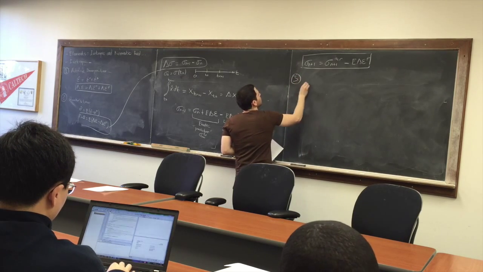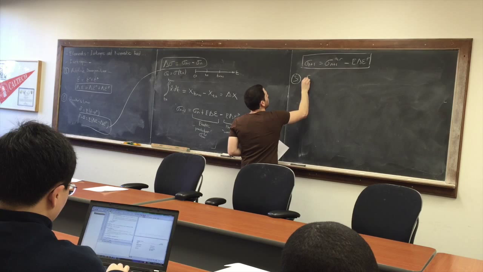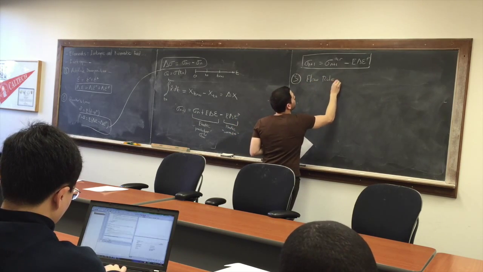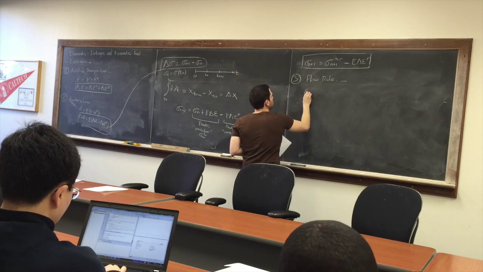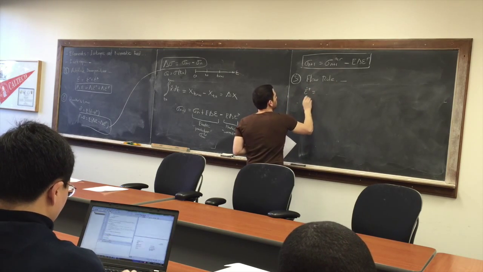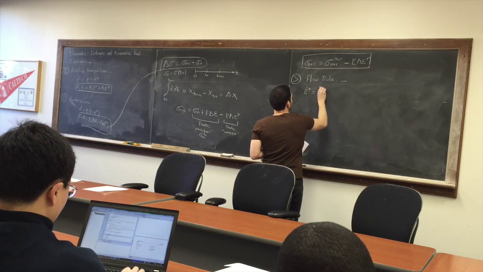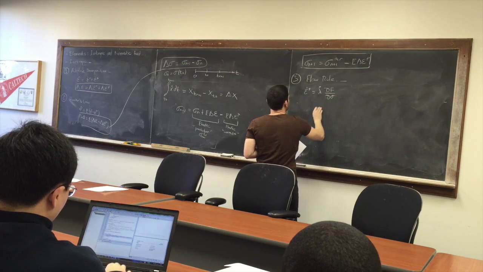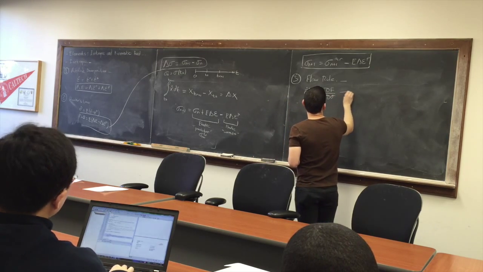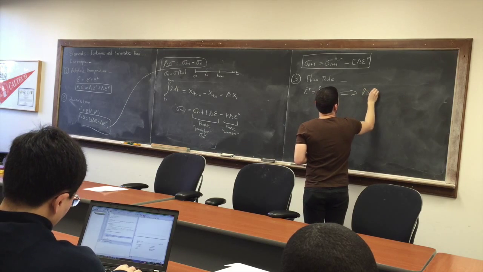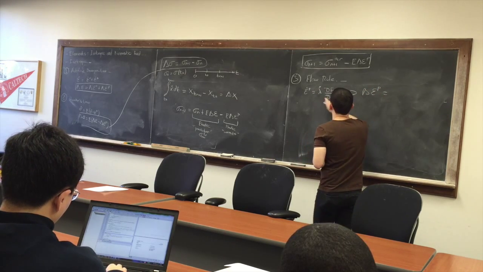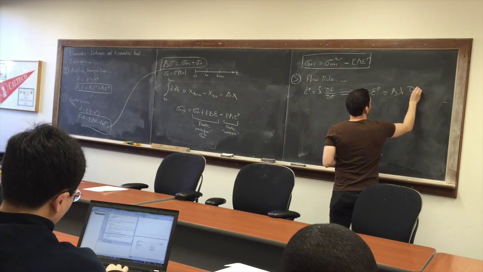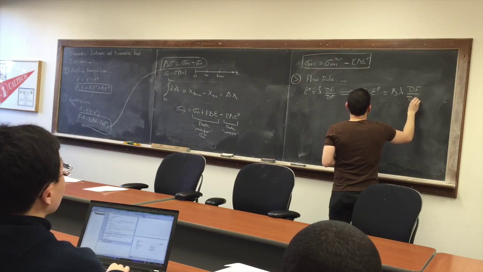The third ingredient is the flow rule, right? So the original form is the plastic strain rate equal to plastic multiplier times df over d sigma. The same way we can go delta epsilon plastic equal to delta lambda df over d sigma.